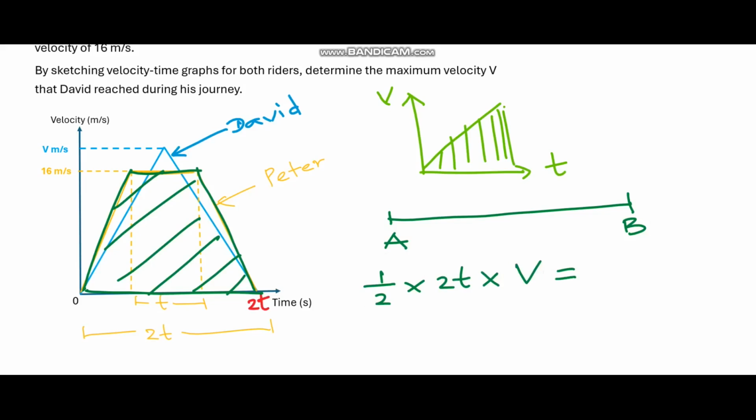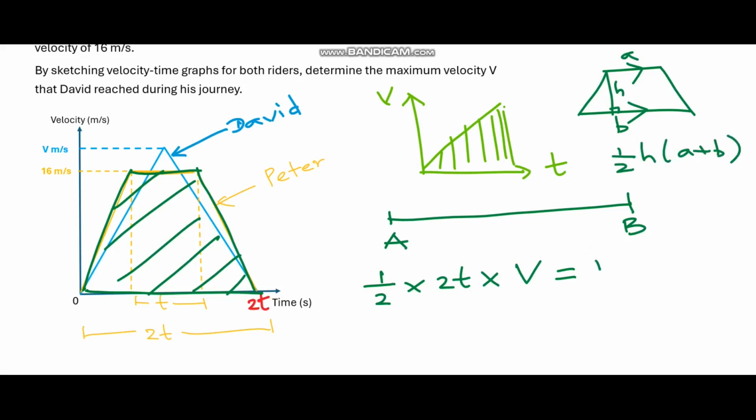How do we find an area of a trapezium? We add the lengths of the parallel sides. So if the parallel sides are a and b, and if the height is h, the area is half h times a plus b.